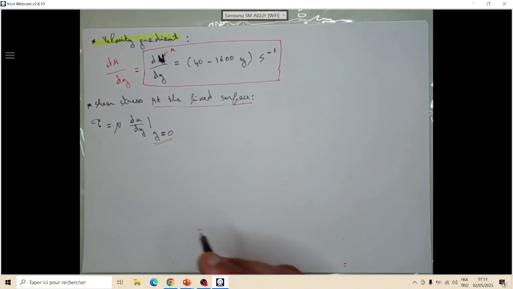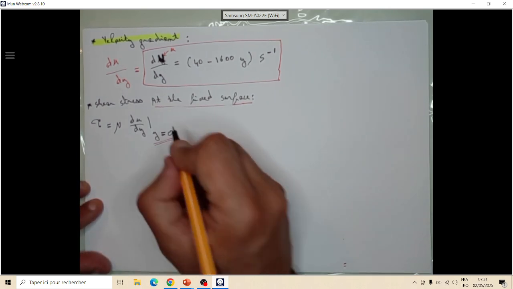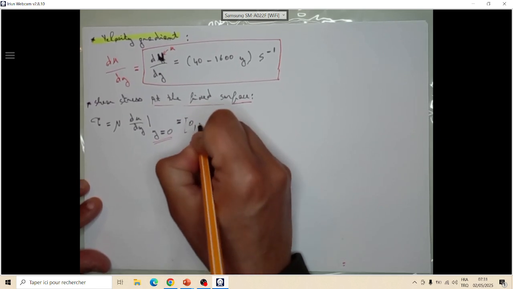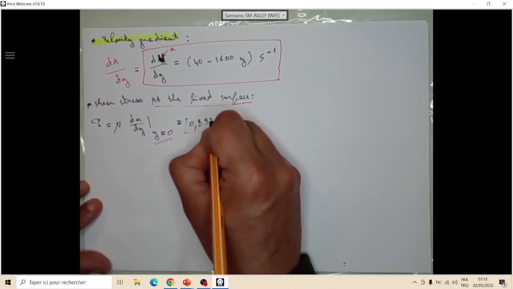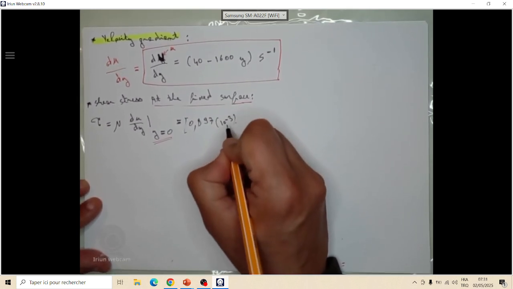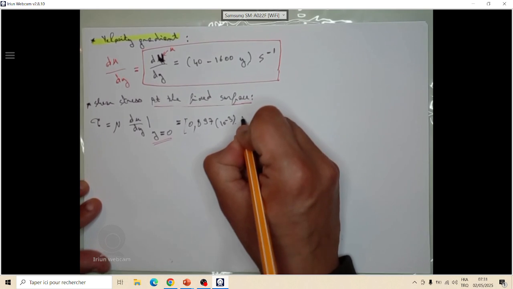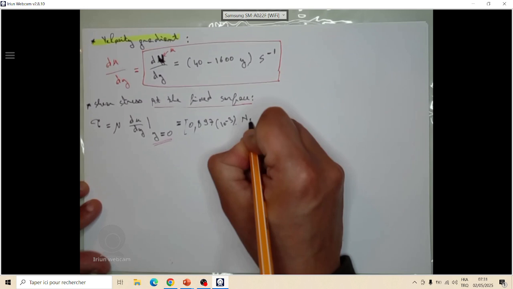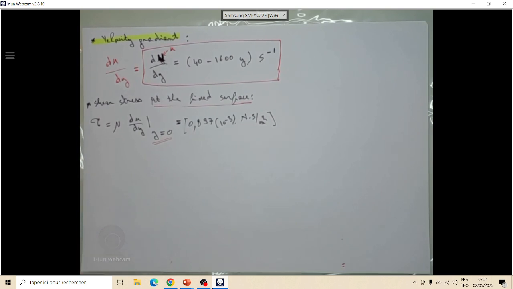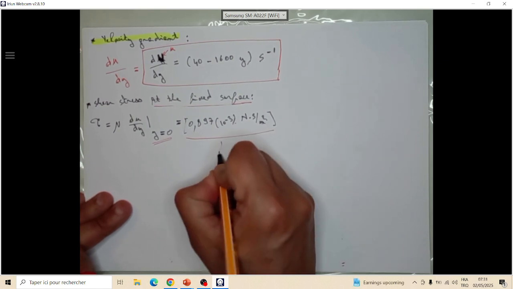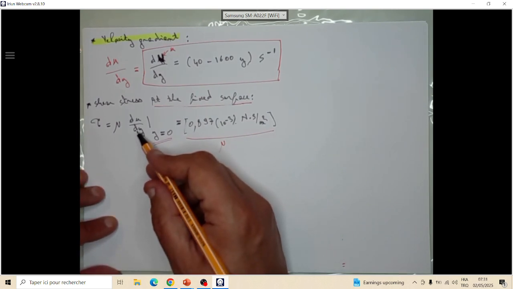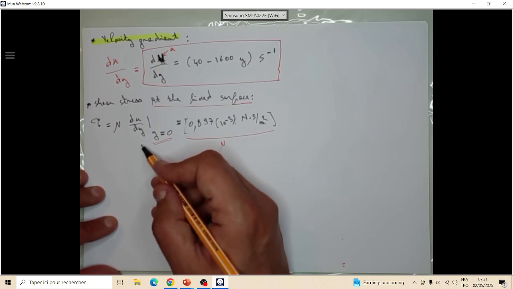I will continue. So tau is equal to 0.897 times 10 to the power 3 Newton times second per meter squared, times mu times the derivative of u with respect to y at y equal to 0.